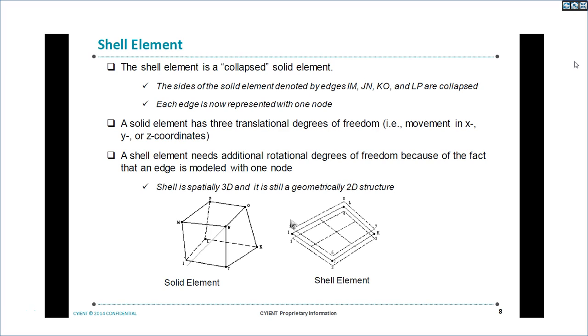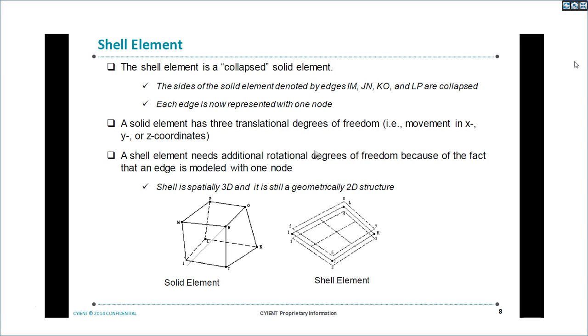This IM represents this I, and JN represents J, KO represents K, and PL represents L. So the sides of the solid element denoted by IM, JN, KO, LP are collapsed. Each edge is now represented by one node.